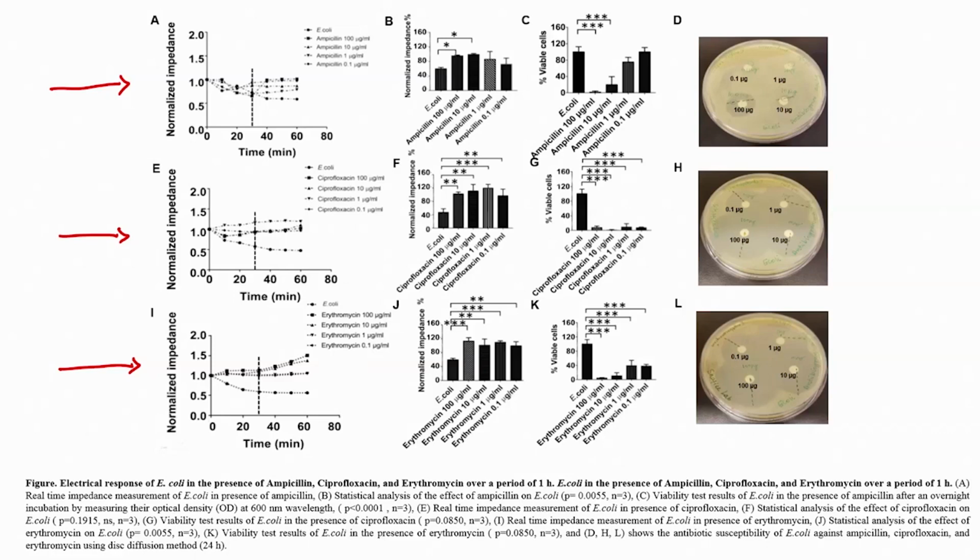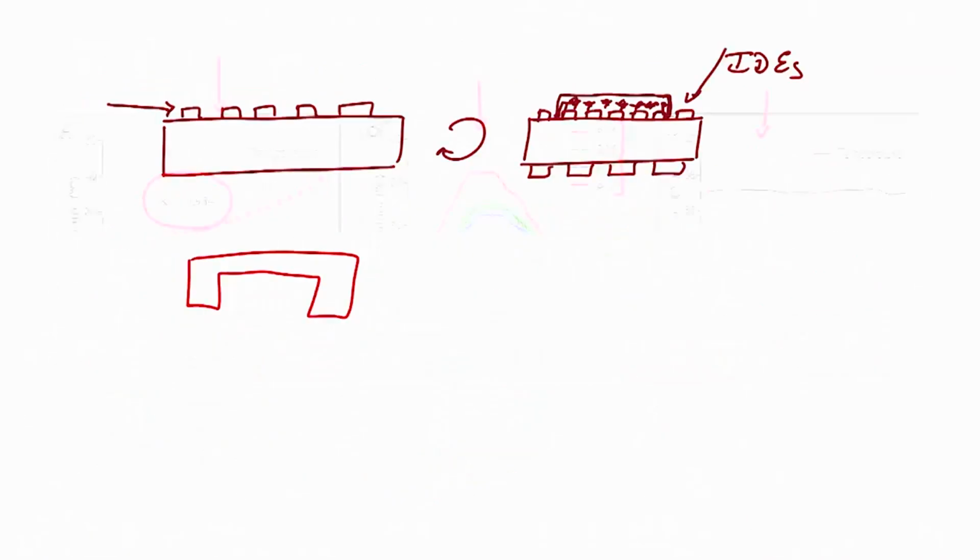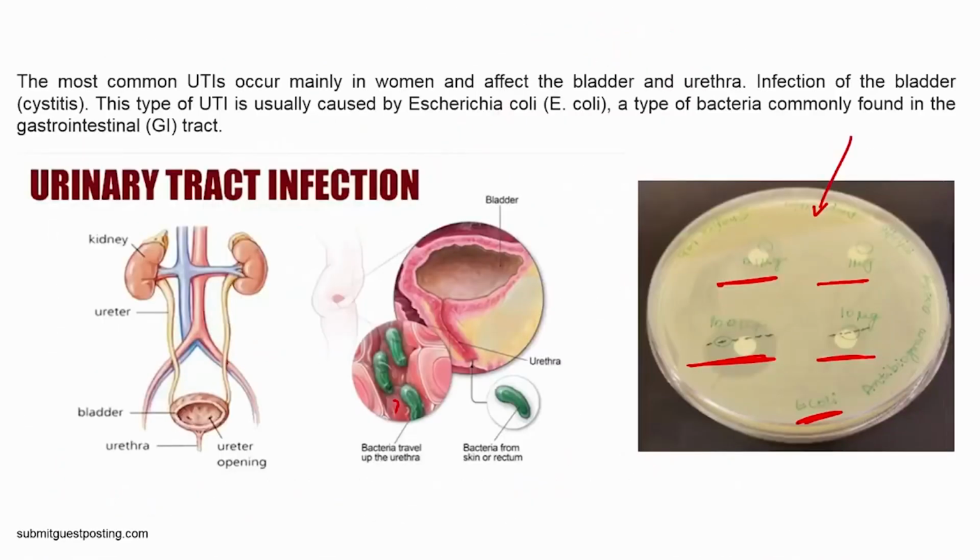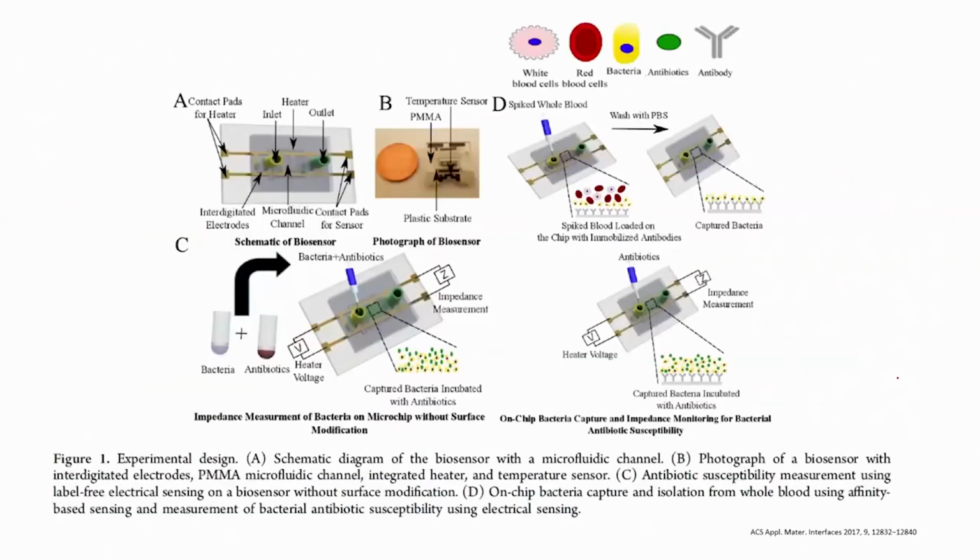The next one, E, F and G, is tested for another antibiotic, and the last one, I, J and K, is tested for erythromycin. The D, H and L are our antibiogram assay, which you have seen in the first slide, correct.